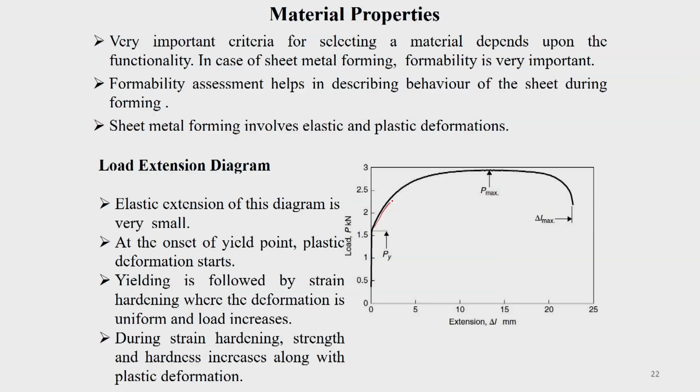Okay. So, at the onset of yielding, the plastic deformation starts, and from there till it reaches the ultimate tensile strength, the material undergoes work hardening. Initial work hardening will be higher, but when you move towards the later stage with the increase in extension, the work hardening rate will decrease, and finally it will saturate out.